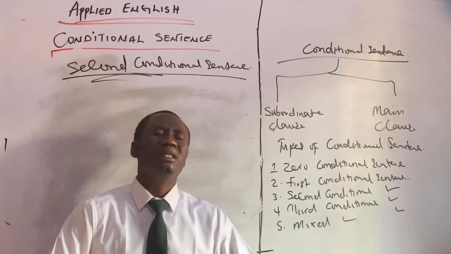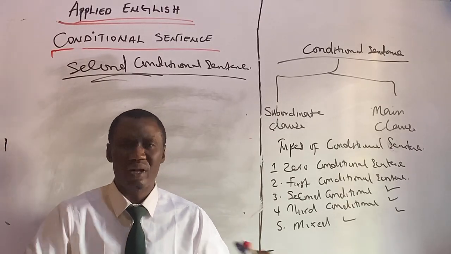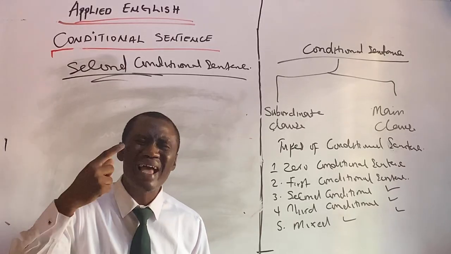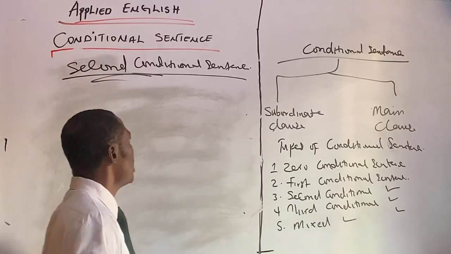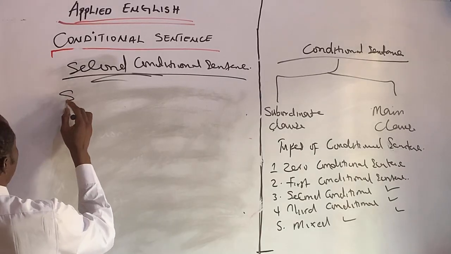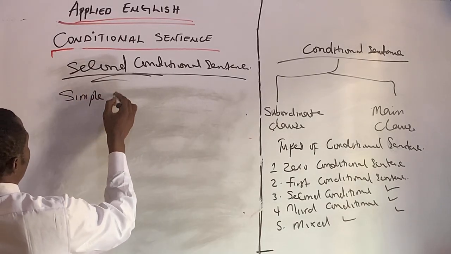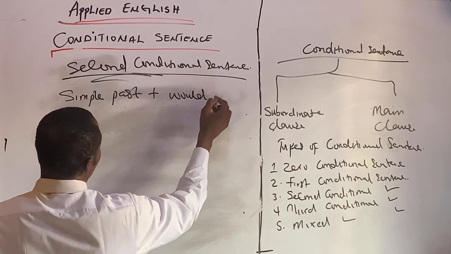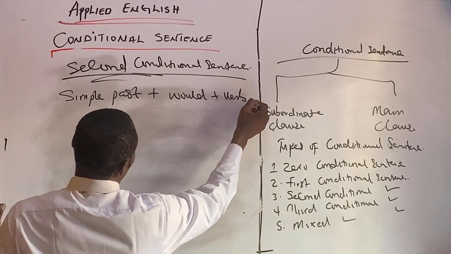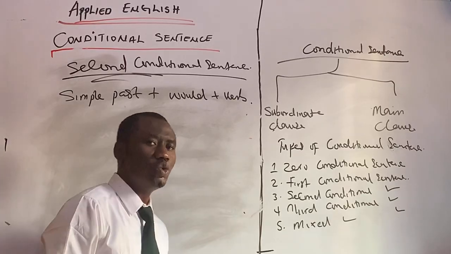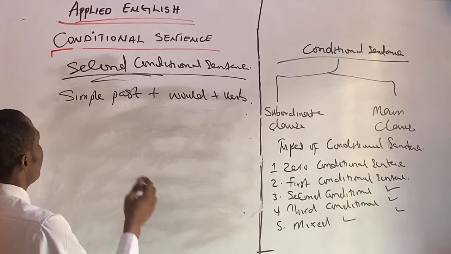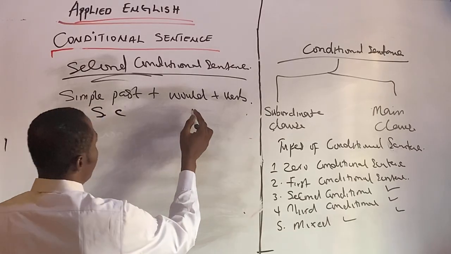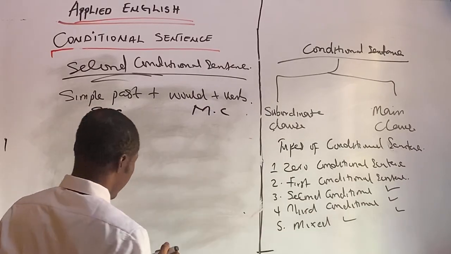This is simply the impossible, improbable hypothetical condition and the unrealistic outcome. Now, the rule to follow here is simple past tense plus would plus verb. Simple past tense plus would plus verb. Of course, you should know that the simple past tense should be in the subordinate clause, and then over here the main clause.